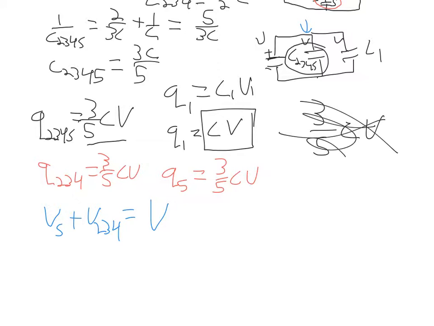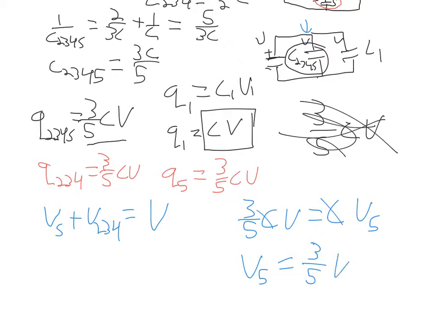So that we could find what is the V just on capacitor 5. Well, we know that Q5 is 3/5 CV, and we know that Q equals CV, so C5 is C, and V5 is what we're trying to find. You cancel out the Cs, and so the voltage across just capacitor 5 is 3/5 of the overall voltage of the battery.